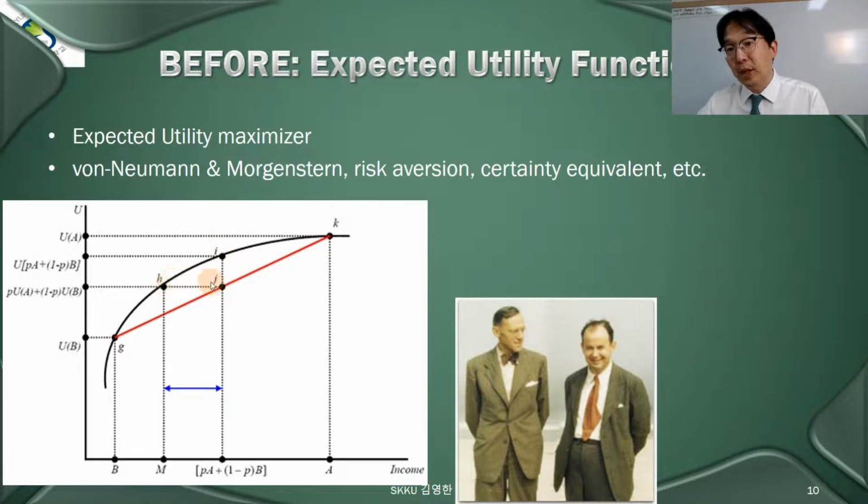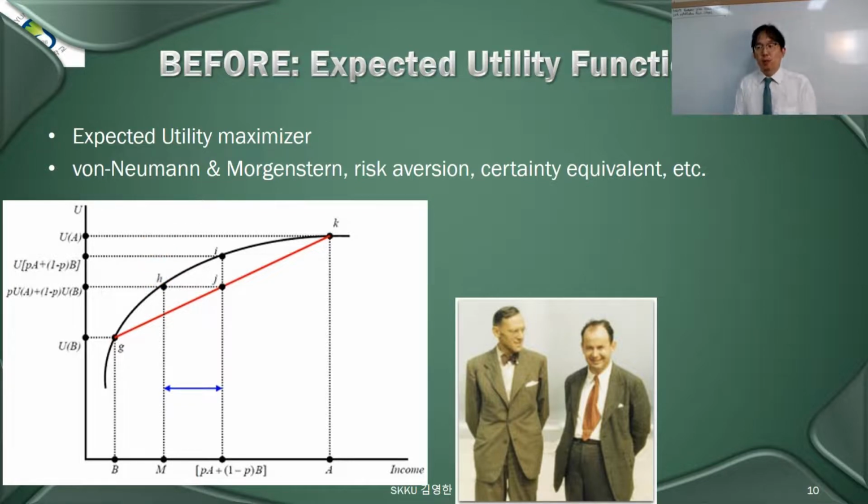Economists typically talk about this degree of risk aversion in the horizontal way. What does this H level tell us? This is something called a certainty equivalent.